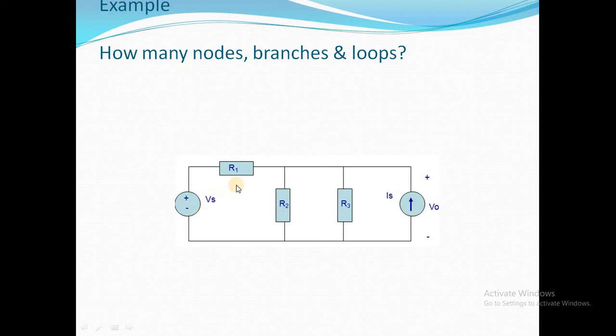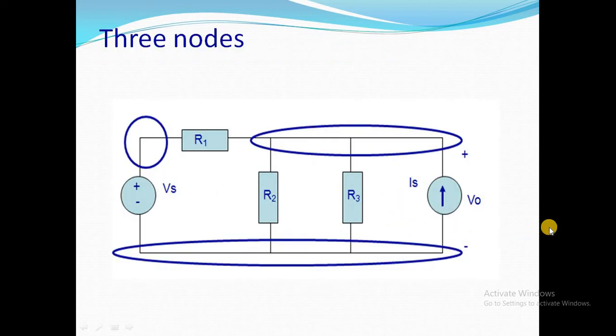So there is a voltage supply, resistance 1, resistance 2, resistance 3, and a current source. How many nodes are there? 3 nodes. What is the definition of a node? When we connect two elements, it is called a node.